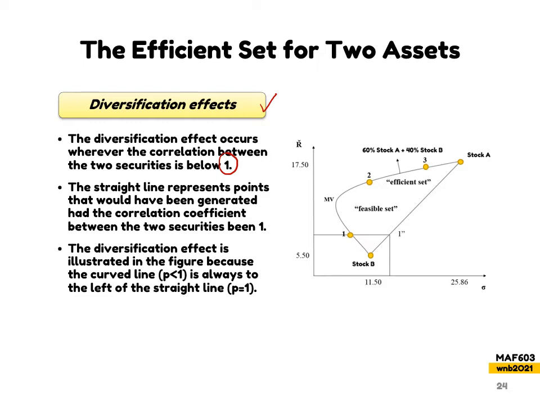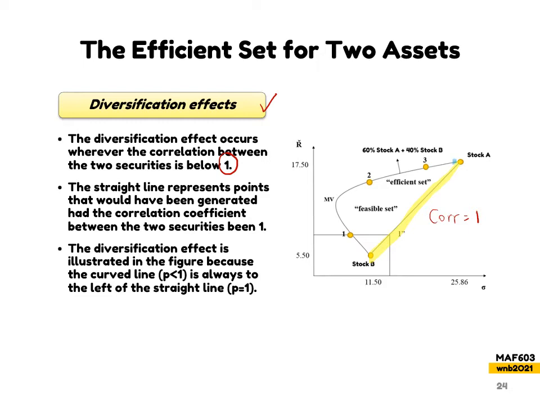Here, if the correlation equals 1, which is perfect positive correlation, you are going to have a straight line. The relationship will be a very straight line, like this one here, if the correlation equals 1. But if the correlation is less than 1, we are going to have a curved line.